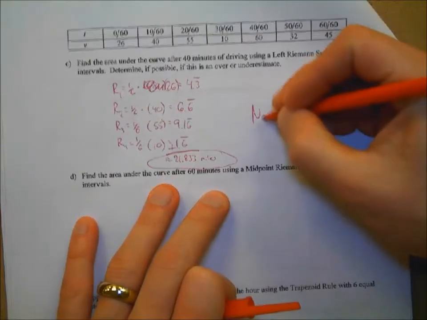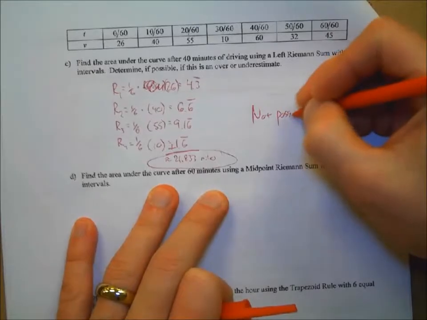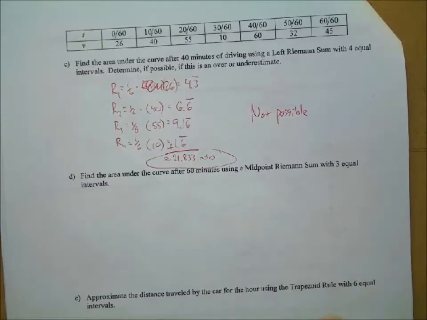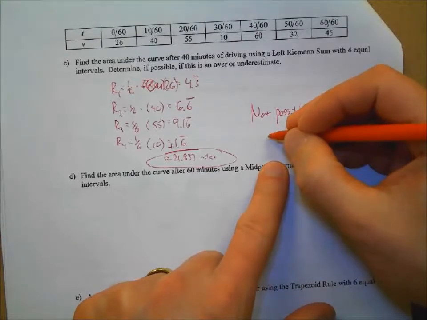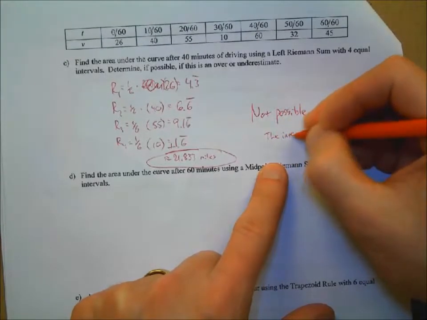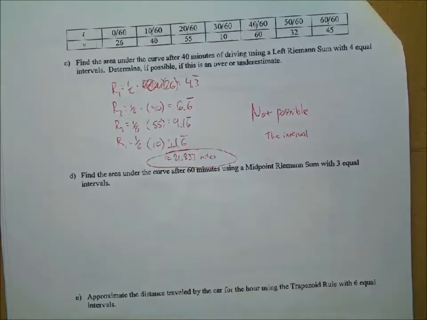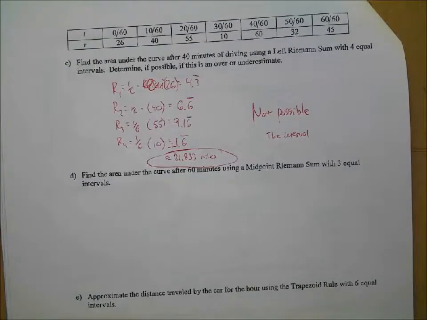So if something like that was asked, over or under, would we say you don't have enough information to decide? Yes, I would say you just don't have enough information about what's going on in the intervals.